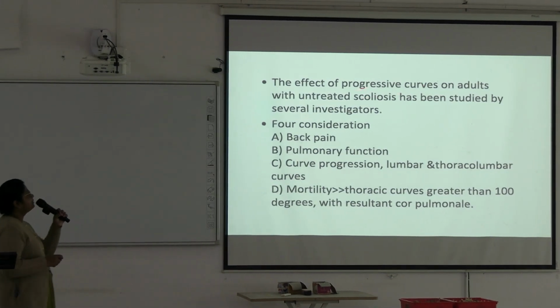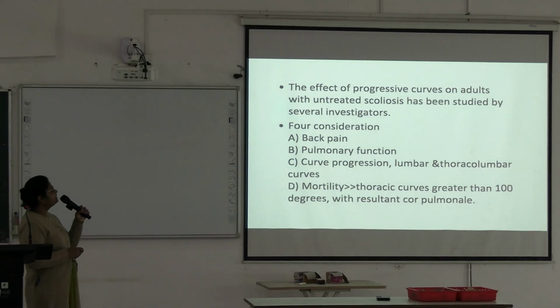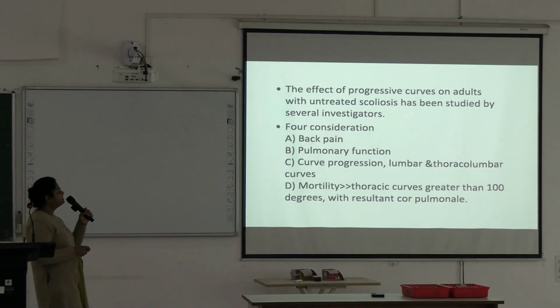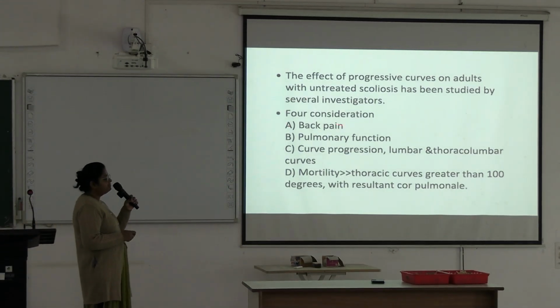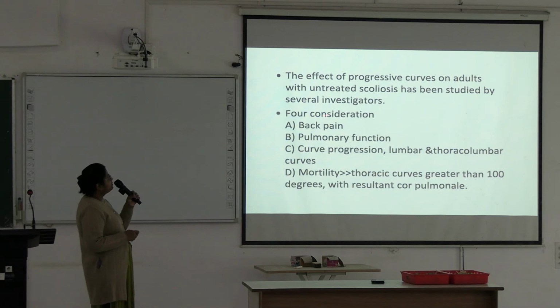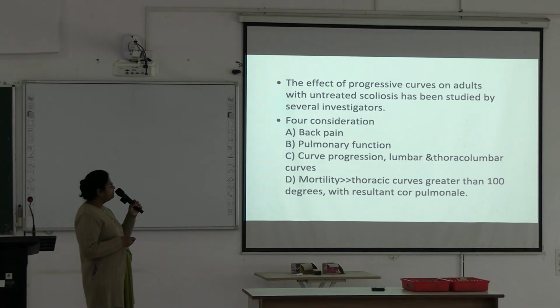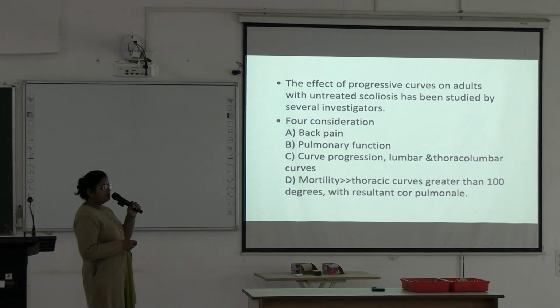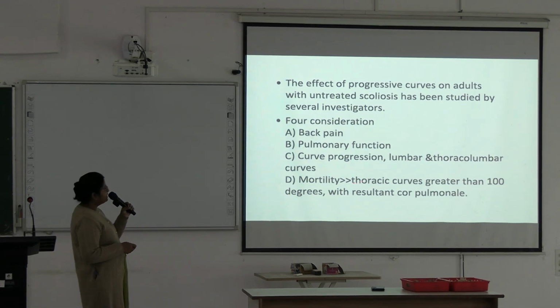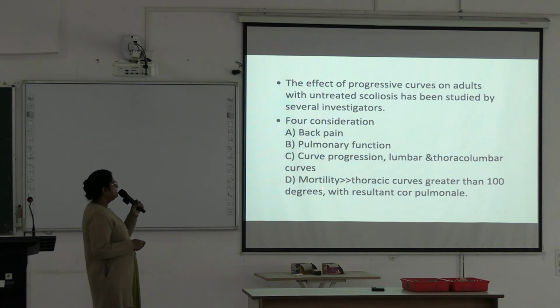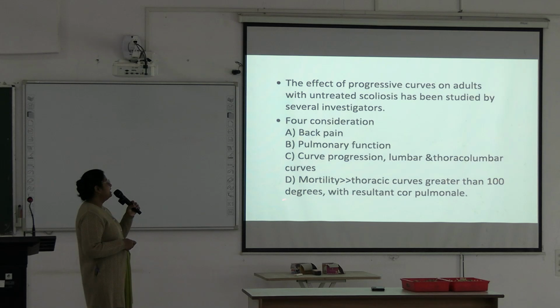Next, the effect of progressive curves on adults with untreated scoliosis has been studied by several investigators, and there are four considerations you have to take: if there is back pain or not, whether pulmonary function is normal or not, curve progression in the lumbar and thoracolumbar curves, and mortality, which is higher with thoracic curves greater than 100 degrees with resultant cor pulmonale.